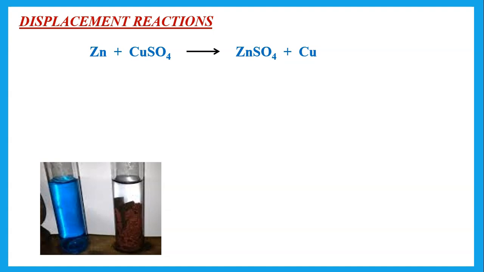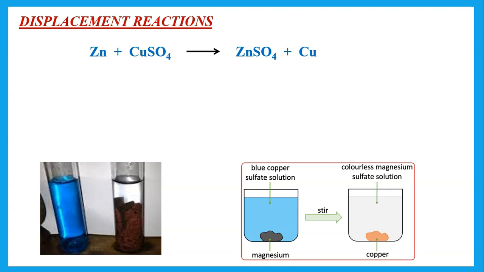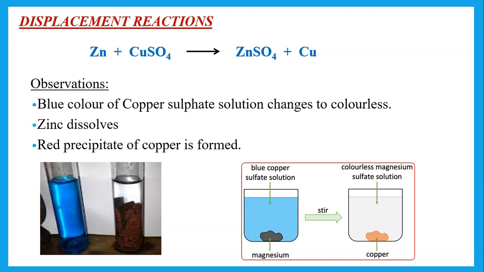Now, zinc sulfate solution is colorless. So one of the observations that we see is that the blue color of the solution disappears. The piece of zinc will disappear or dissolve, and we're forming copper, and you should remember that copper is a reddish brown metal, so we can say a red precipitate or a reddish brown solid is formed.